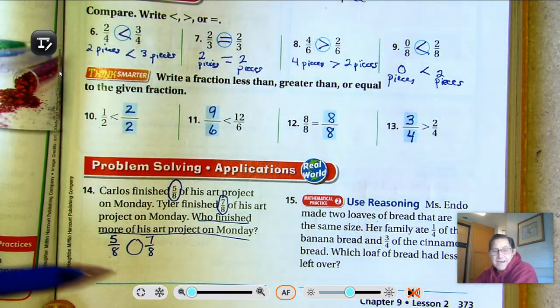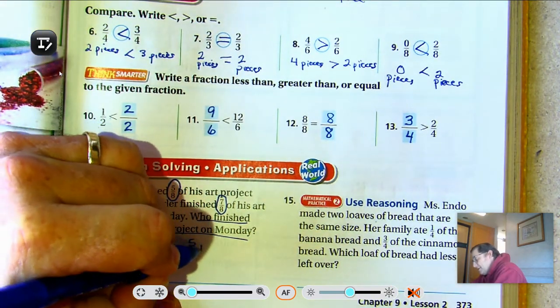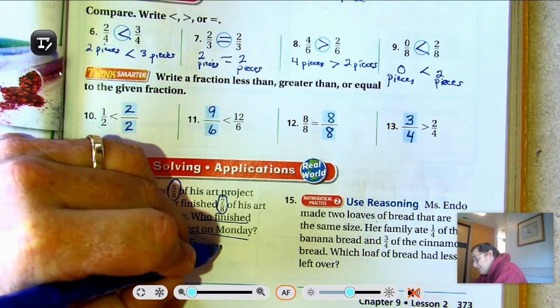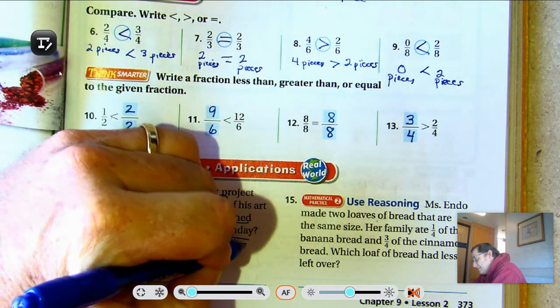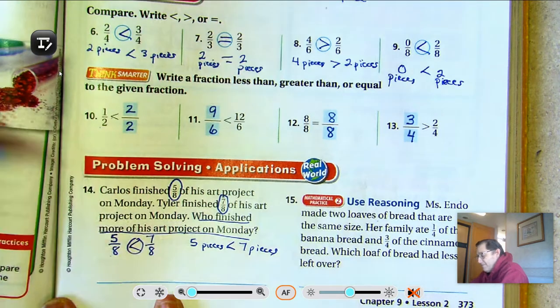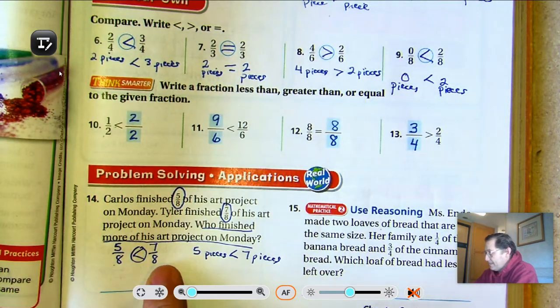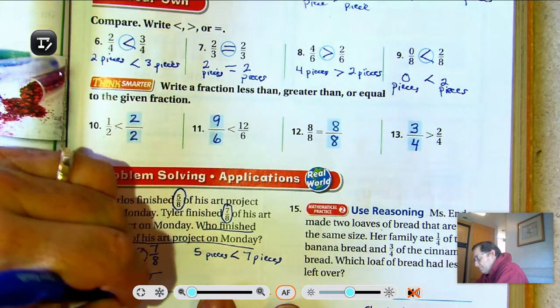Well, they both have 8 equal parts. So 5 pieces is less than 7 pieces. So 5/8 is less than 7/8. Who finished more? 7/8. Tyler.